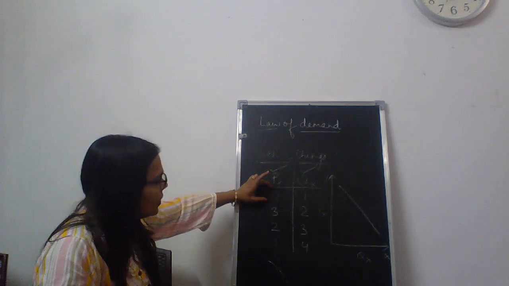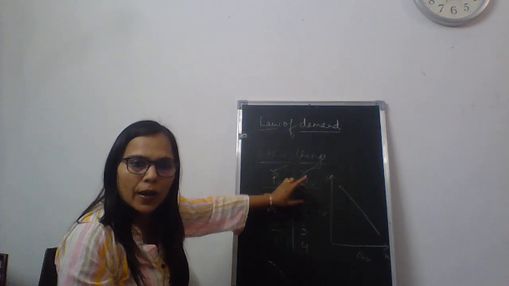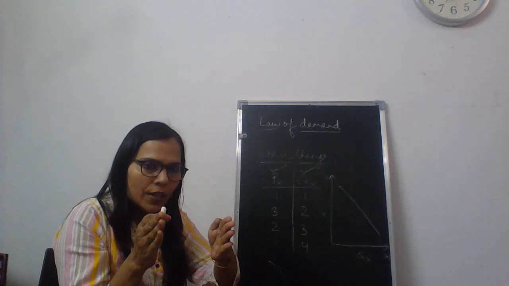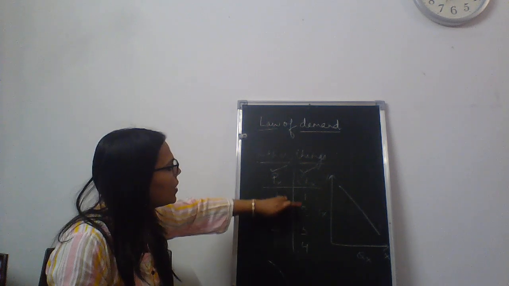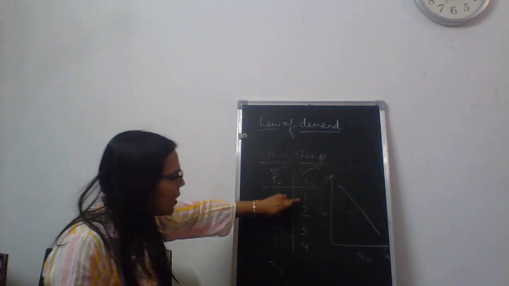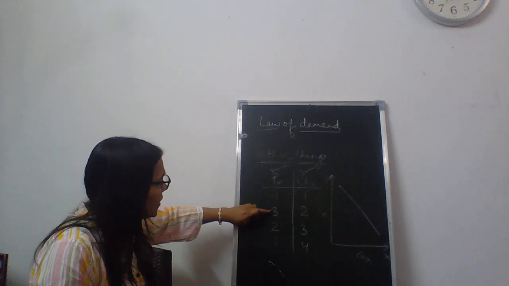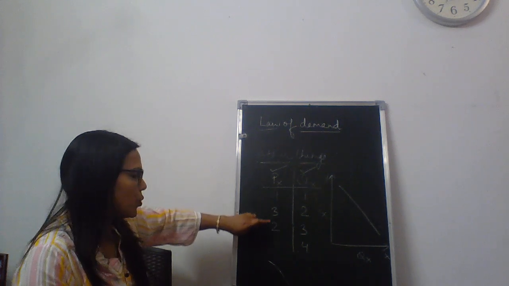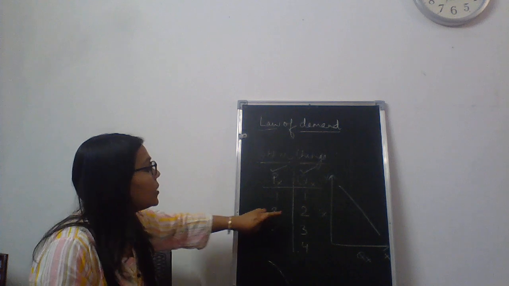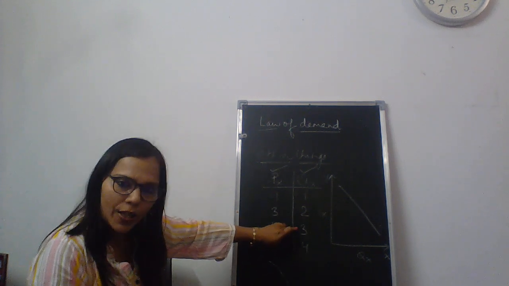It means when the price was more, the consumer was buying lesser quantity. When the price decreased, his quantity increased from 1 to 2 units. Then when the price further decreased from 3 rupees to maybe 2 rupees, his quantity increased from 2 to 3.